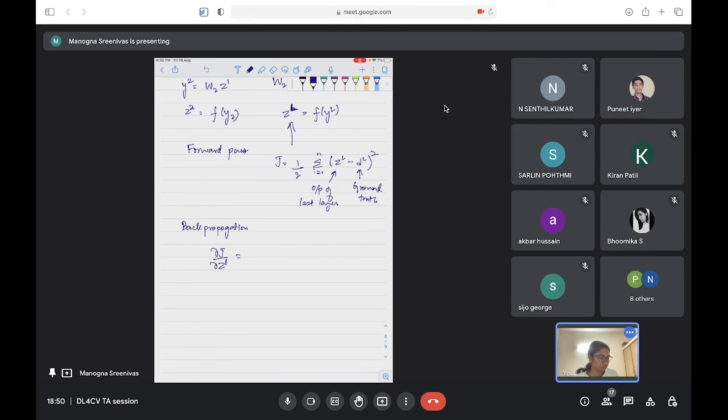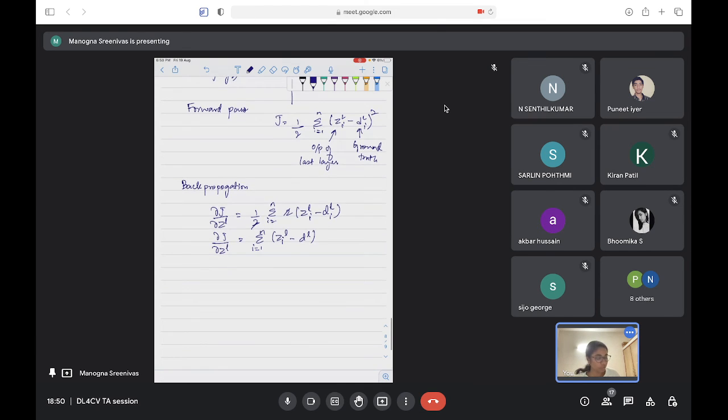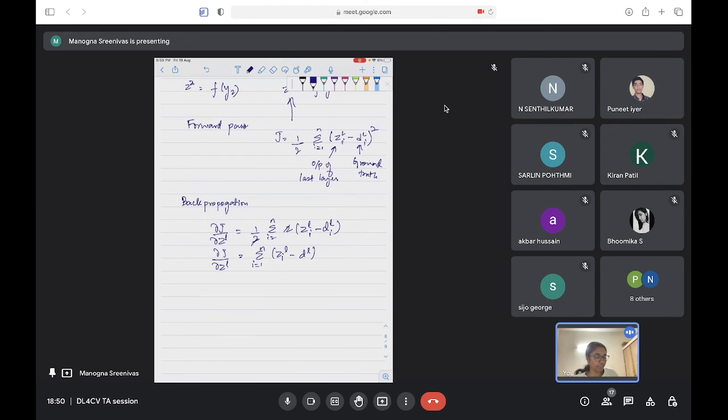It will be 1 by 2 summation i equal to 1 to n of Z_L minus D_L. Here i equal to 1 is my data set, right? I run over a batch of n samples. Z is my output from the last layer.